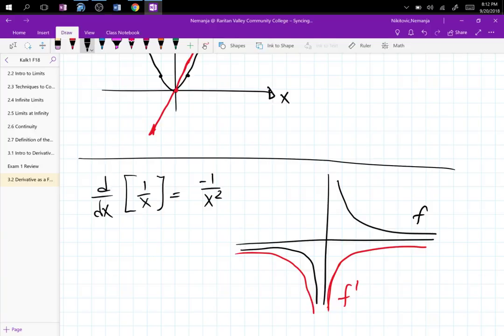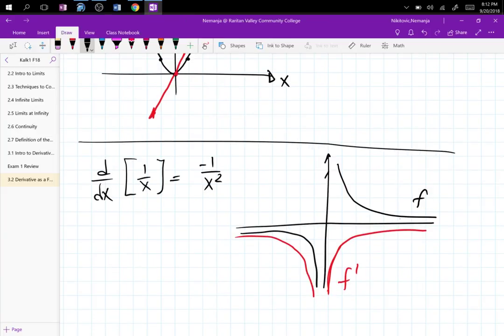So when you look at this now, you see one interesting feature, and that is that your 1 over x has the vertical asymptote at x equals 0, and also your derivative has the vertical asymptote at x equal to 0. And you will quickly realize that every time you take the derivative, the vertical asymptote gets preserved, the same spot.